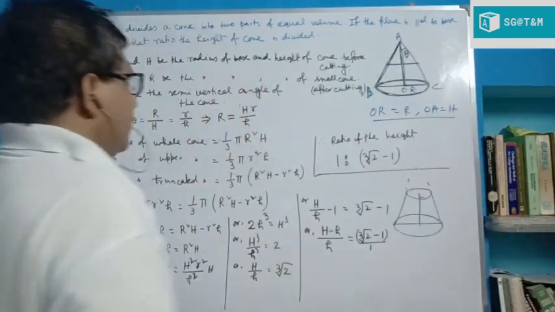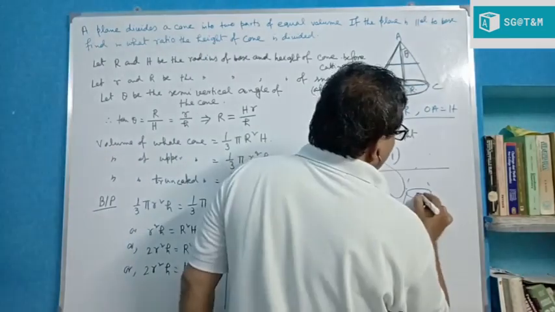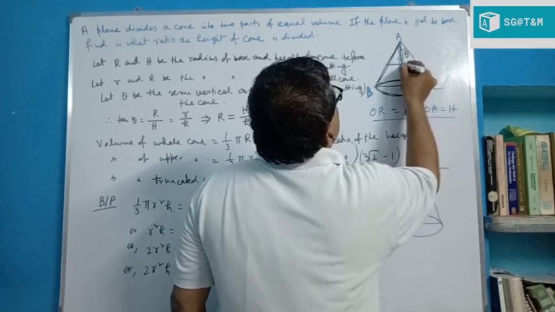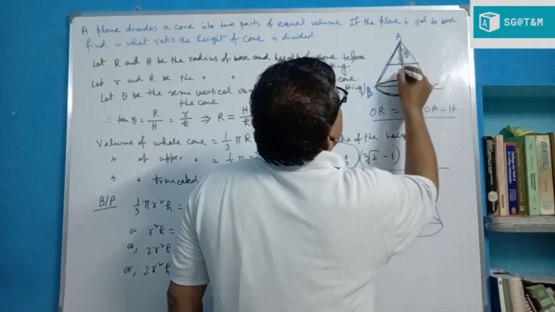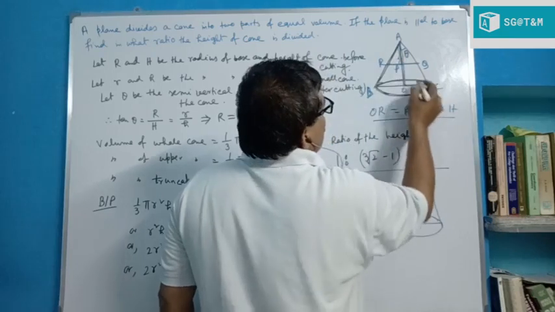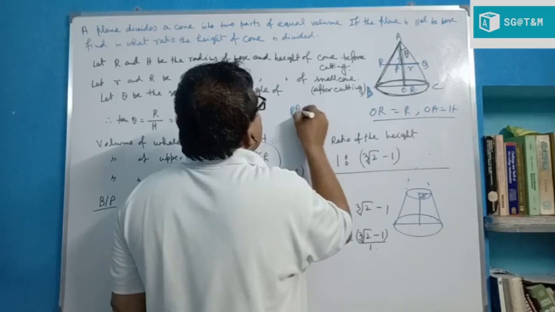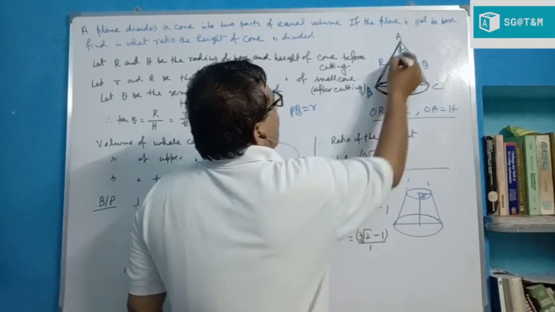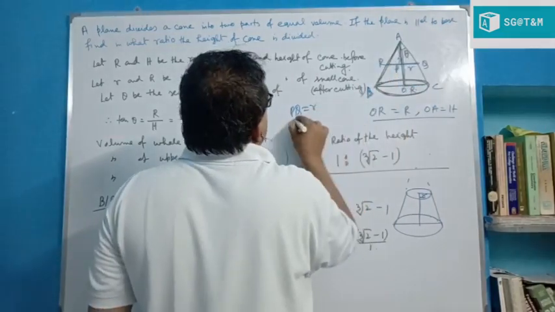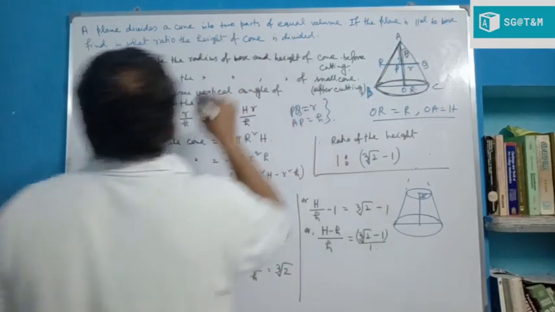After cutting, suppose this is the small r and the height of this is small h. Suppose we cut at this point, say P, with Q and R. So PQ is equal to small r, and AP is equal to small h by our assumption.